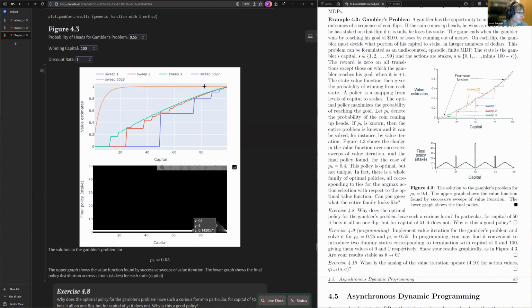Luckily, if you do make a mistake and bet too much, the worst thing that'll happen is you'll end up in this part of the problem where you're going to bet 1 again, and you're still betting optimal. But yeah, the intuition is if the coin is in our favor, we want to extend the game as long as possible. And if it's against us, we want to end the game as quickly as possible.